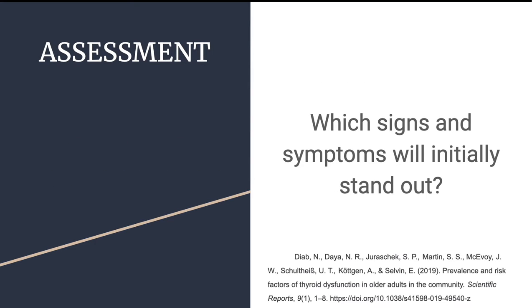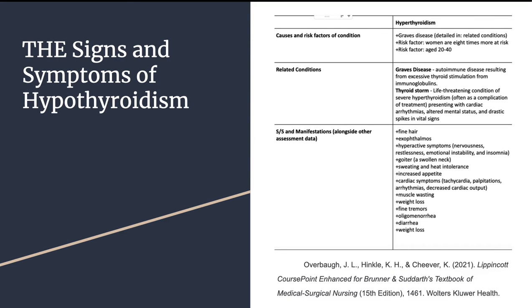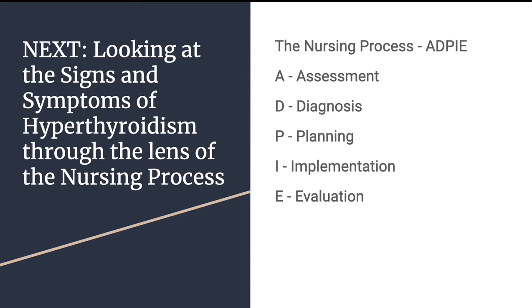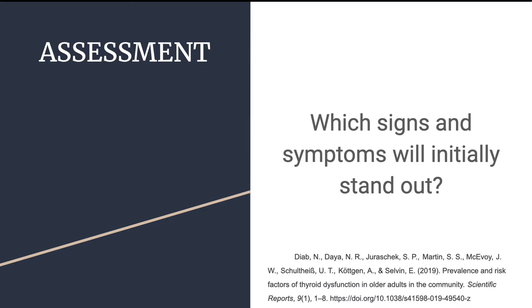So I described that in the assessment portion, because if an older adult is presenting with diarrhea and tremors, you may be less prone to assess for hyperthyroidism, rather than more likely causes of diarrhea.